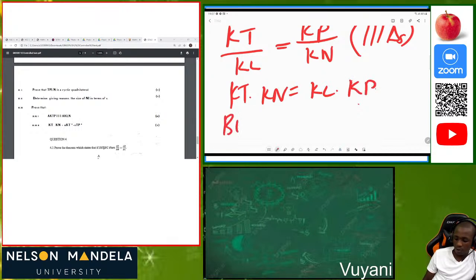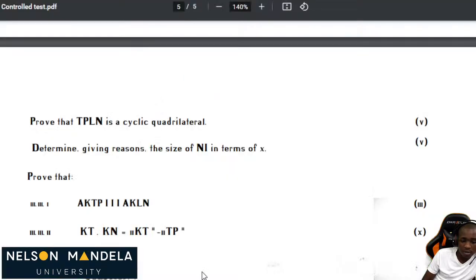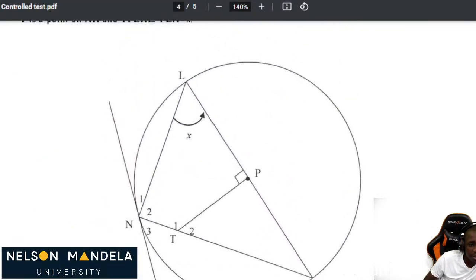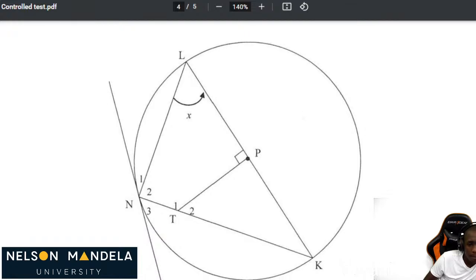But we also know that KL is equal to KP. Let's just double check that together. No, please, let me correct my mistake here.